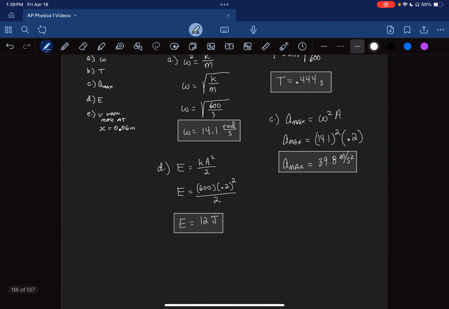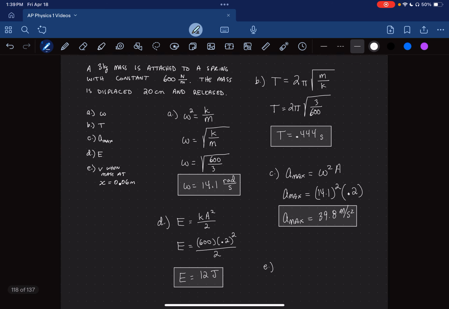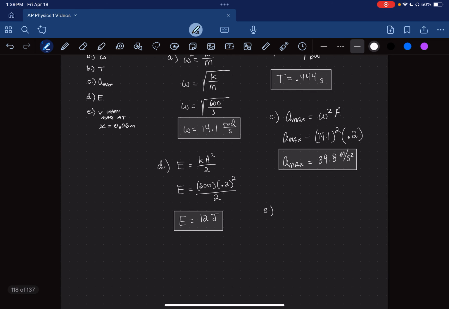And let's figure out E, which is: what is the speed? What is the velocity when the mass is at x equals 0.06? It's only one equation with v, I believe, which is this.